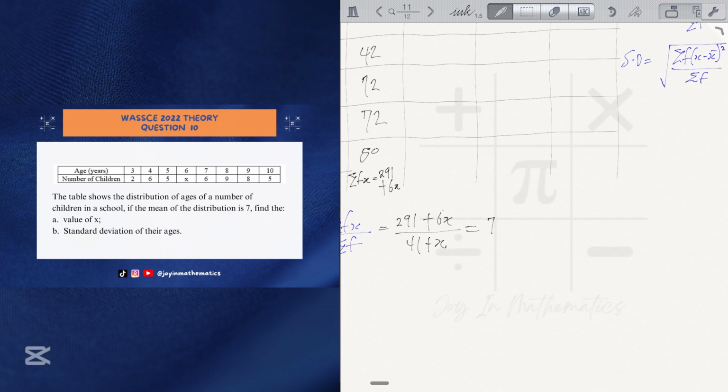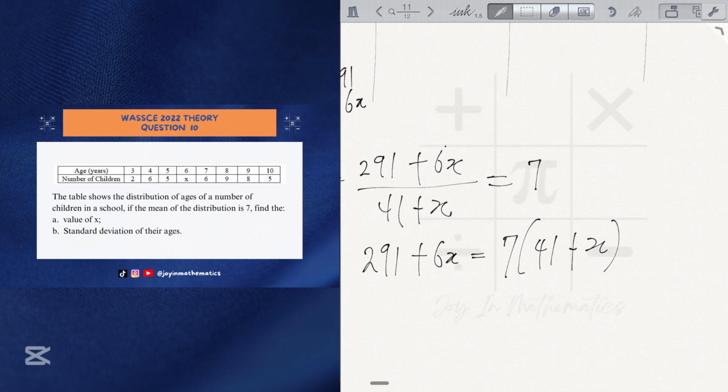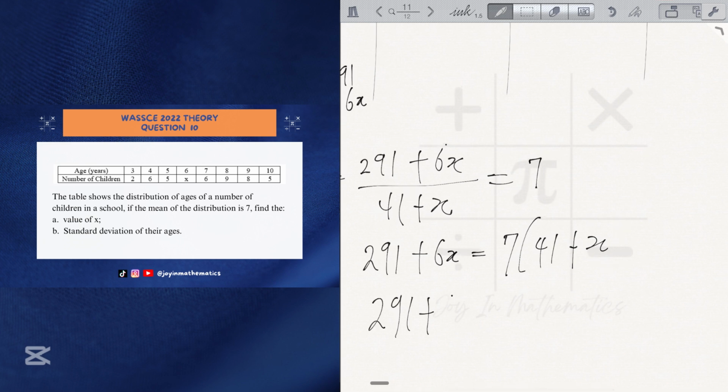As you can see, if the mean of the distribution is 7, with this we can find the value of x. So if we cross multiply, we'll have 291 plus 6x is equal to 7 into 41 plus x. So 291 plus 6x will be equal to 287 plus 7x.